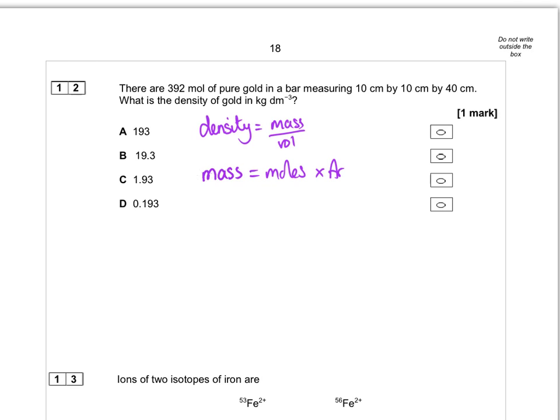We need to find out the relationship between mass and moles. In this case, mass is going to be equal to moles times Ar. We know how many moles because it's given to us in the question.